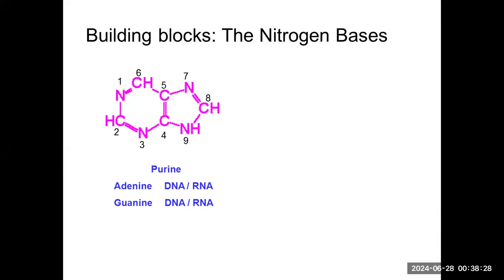So purine is composed of a 9-member heterocyclic ring, and we have two types of purines, adenine and guanine. Both adenine and guanine are present in DNA as well as in RNA.